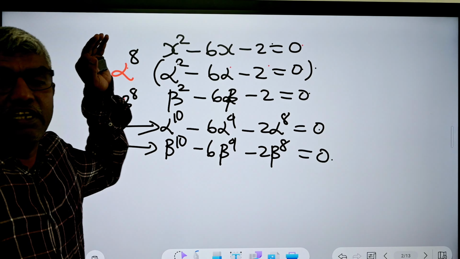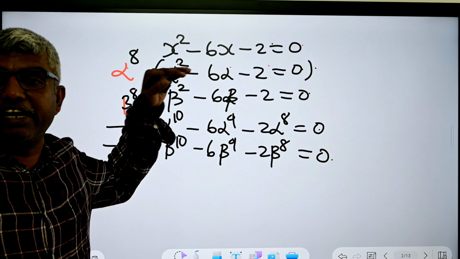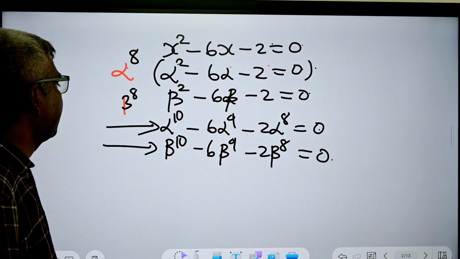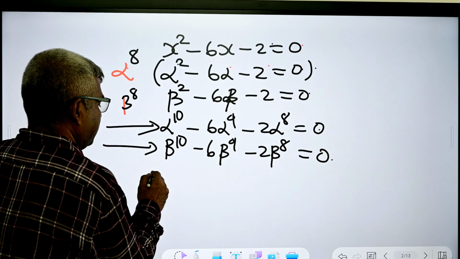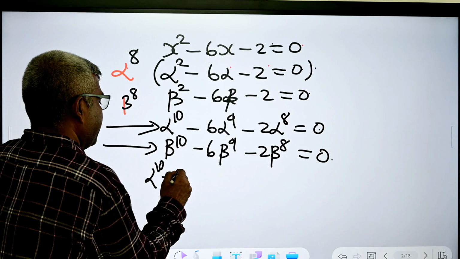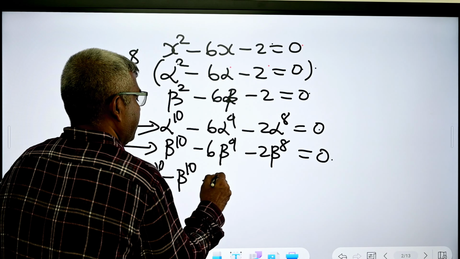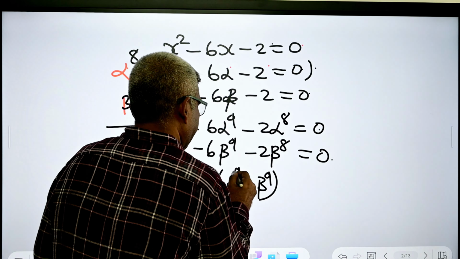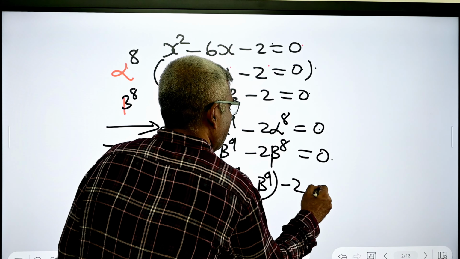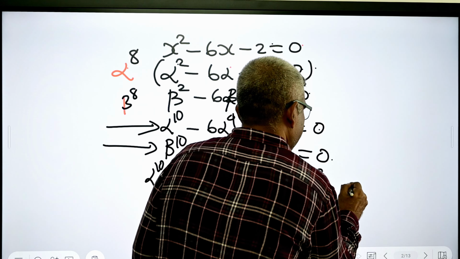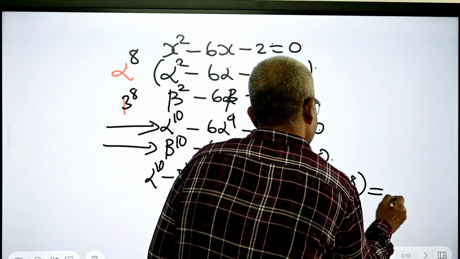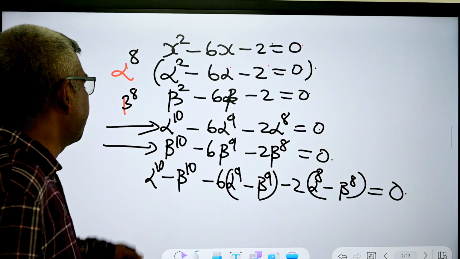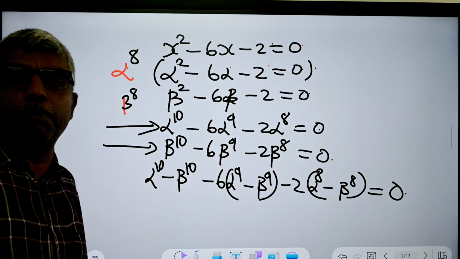Now you see in our question, power 10, 9, 8 is there. That we came. Subtract: alpha power 10 minus beta power 10, minus 6 times (alpha power 9 minus beta power 9), minus 2 times (alpha power 8 minus beta power 8) equal to 0. What is alpha power n minus beta power n?